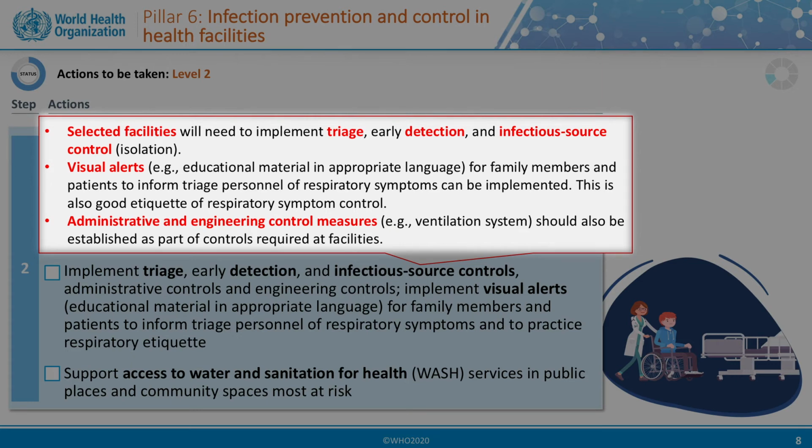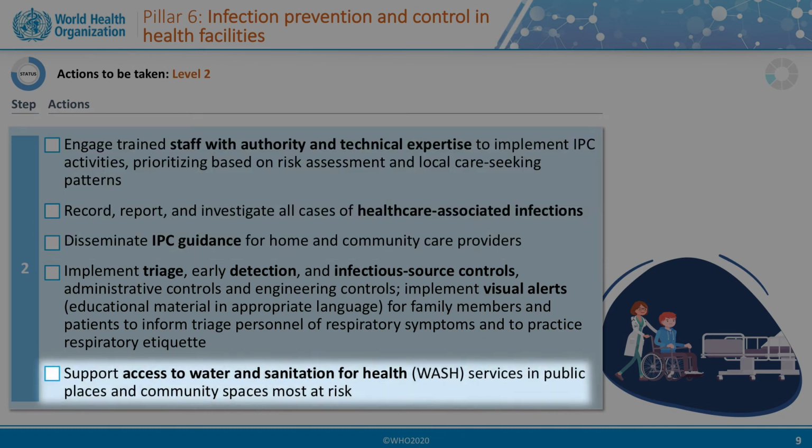Administrative and engineering control measures such as ensuring appropriate ventilation systems should also be established as part of controls required at facility level. Lastly, support access to water and sanitation for health, known as WASH, services in public places and community spaces most at risk.